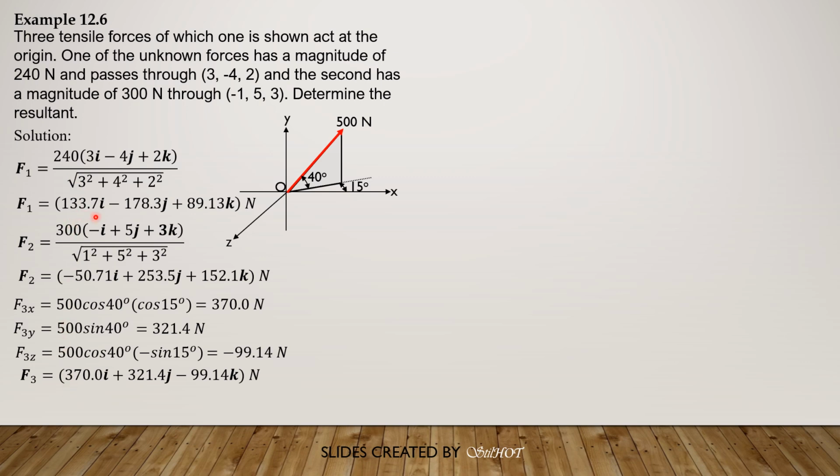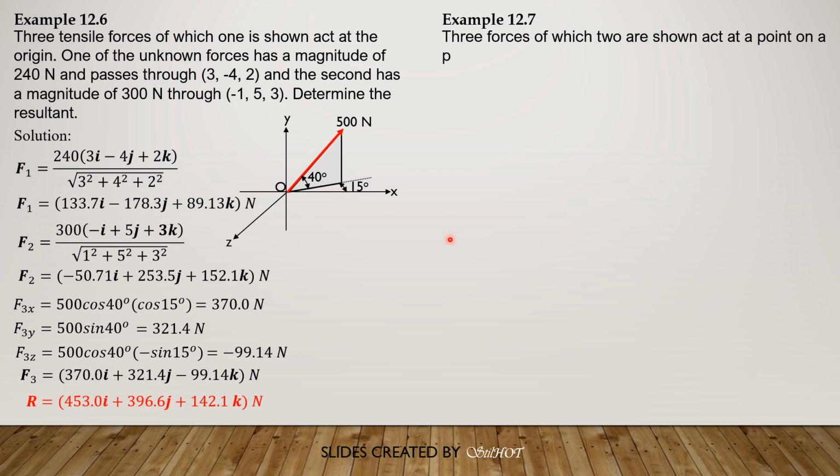So R is 153.7 minus 50.71, then plus 370 i, then negative 178.3 plus 253.5, then plus 321.4, so 396.6 j, then 89.13 plus 152.1 minus 99.14, so 142.1k newtons.